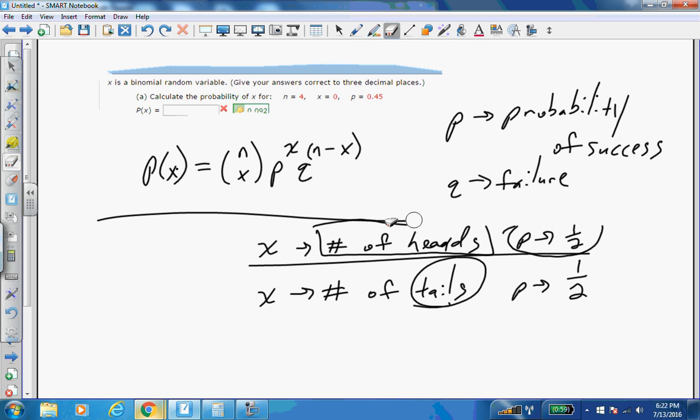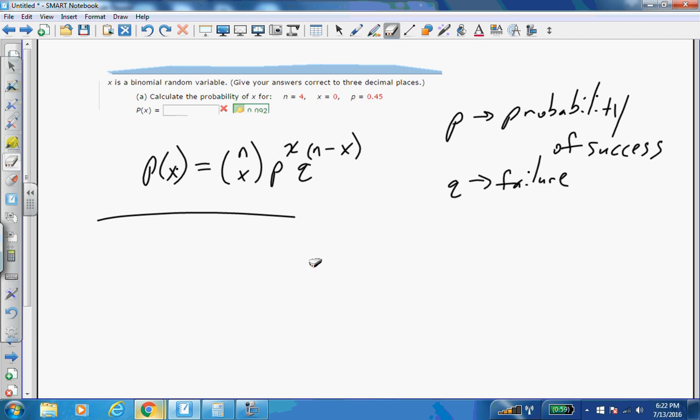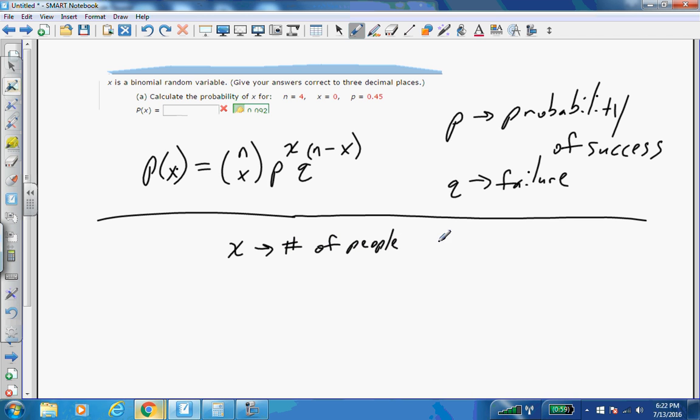Now, keep in mind, success is not always a desirable thing when we're looking for binomial probabilities. If x is the number of people that catch the flu, it might be that the probability of a person catching the flu is 30%.